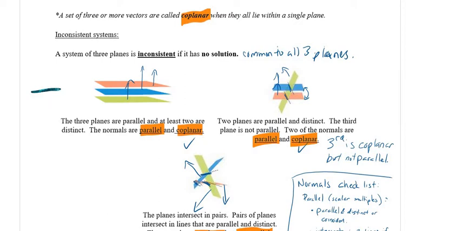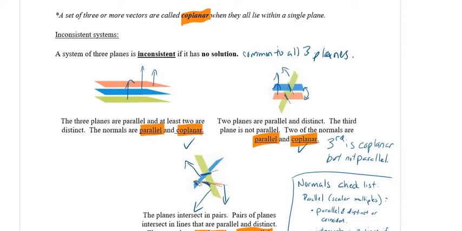Option 2 is that we could have 2 parallel distinct planes, but we could have a third plane that's non-parallel, but intersects in 2 different lines. And because the other 2 are parallel, we know we can't have a single solution.